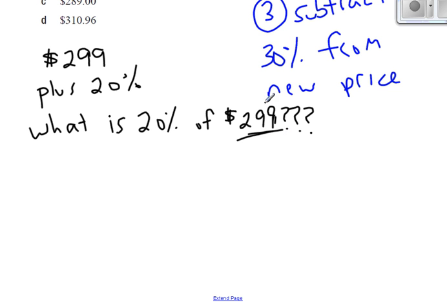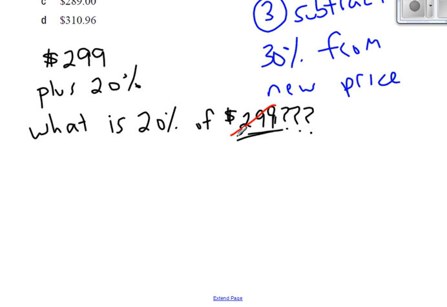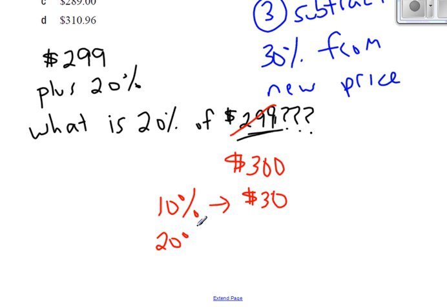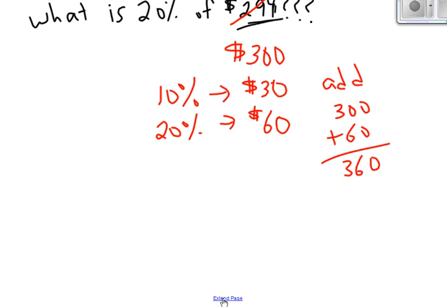This is an alternative that might be a good idea if you hate percent. If this was $300, then 10% we know is $30, and 20% would therefore be $60. So all we would have to do is add $300 plus $60 to get the new price of $360.